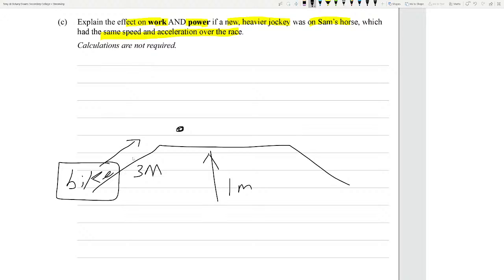To calculate the work in this case, the amount of work to get the bike to that position is the same as the gravitational potential energy the bike gains after I get it to that height. So it's mass times gravity times height, which gives you the gravitational potential energy.